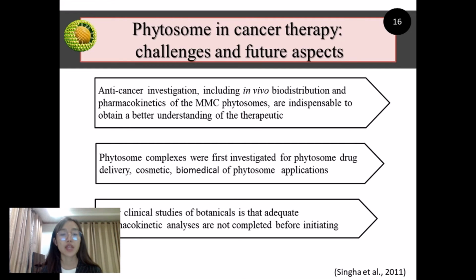For example, in the detection of anti-cancer activity from phytosome, including biodegradation and pharmacokinetics of phytosome, and the first inspection for drug delivery systems, drug delivery phytosome, cosmetics, and biomedicals, including many clinical studies in botany.